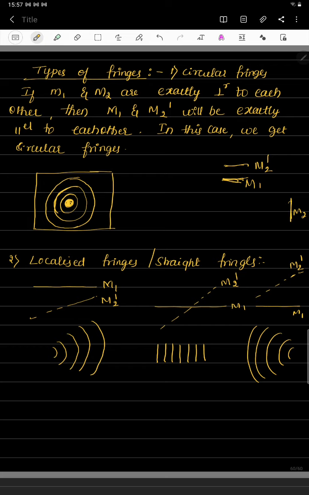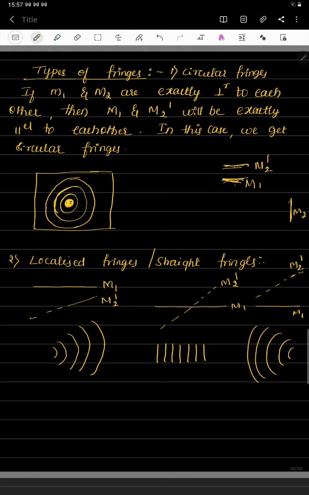If these two are exactly perpendicular, then the image of this M2 will be exactly parallel to this M1. If this arrangement is changed, if one of these is inclined a little bit, then the M2 image is not exactly parallel with M1.